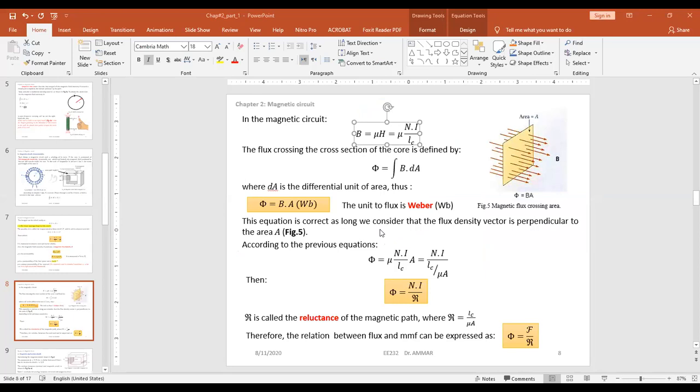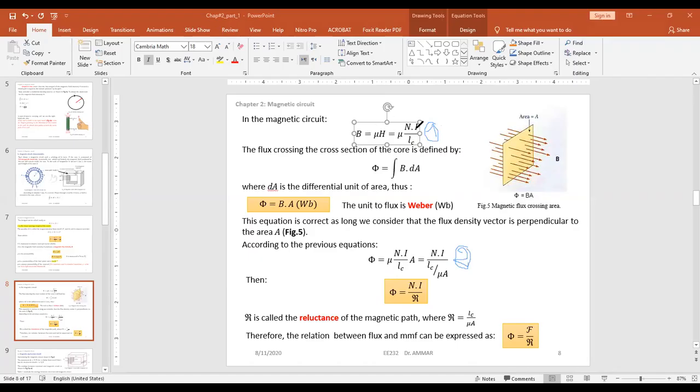Now, let's see another term using the previous expressions of B, H and the flux. Okay, let's define another term. By the substitution of the expression of H, using this equation (sorry, I forgot to number the equations): this one is 1 and this one is 2.